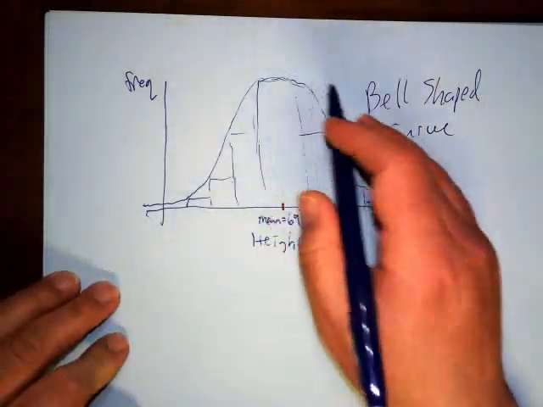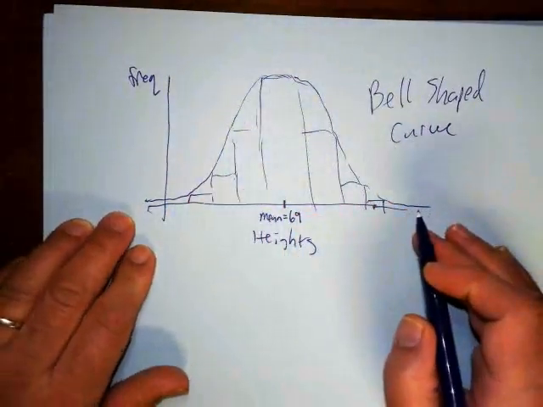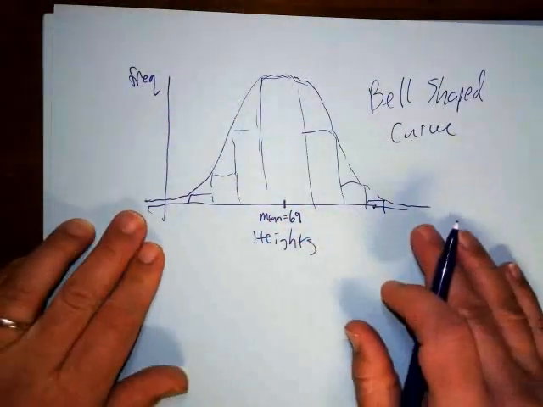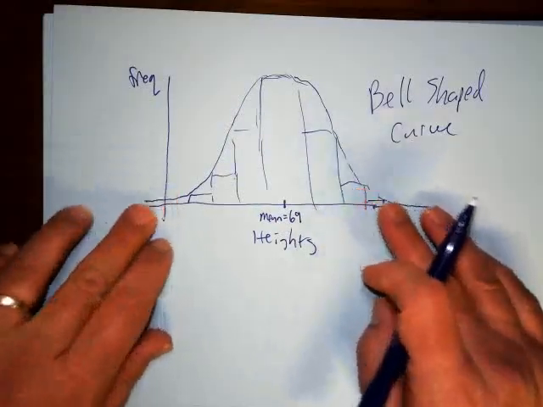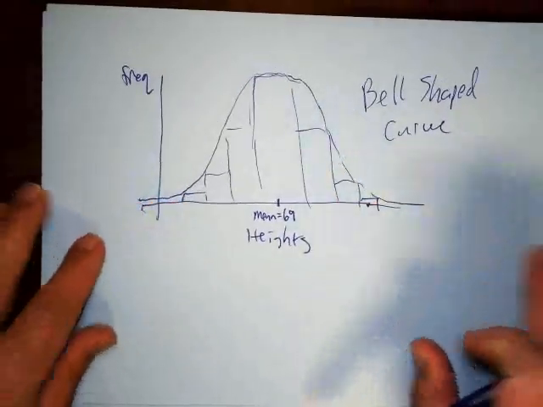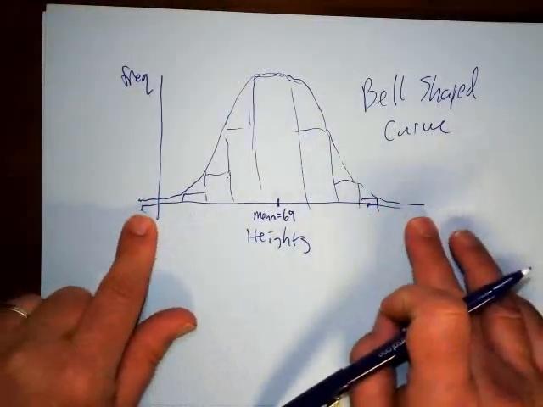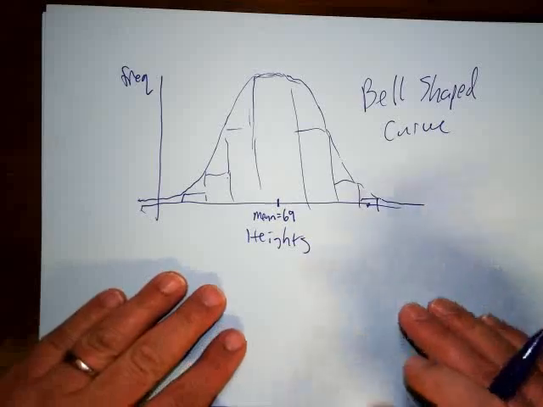There's actually a mathematical equation that would give you a curve like this, like you could put it into a graphing calculator, and these tails actually go off in both directions forever. They get infinitely close to this horizontal axis, closer and closer without ever touching it.